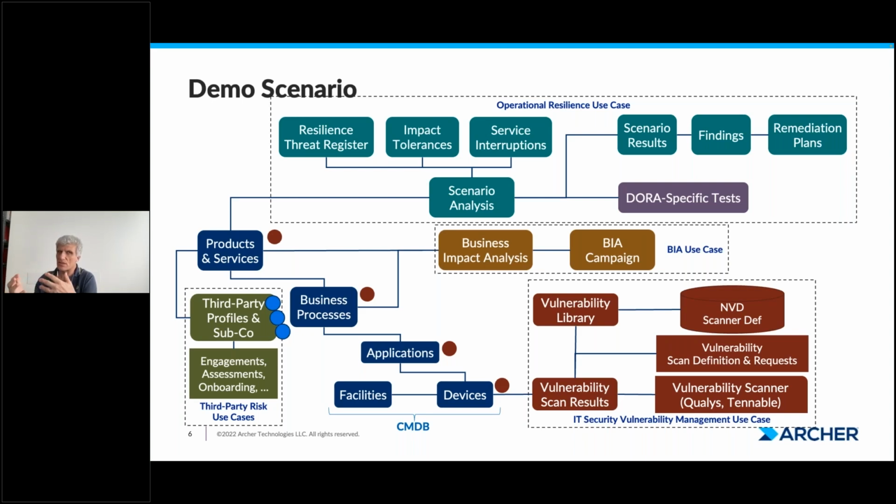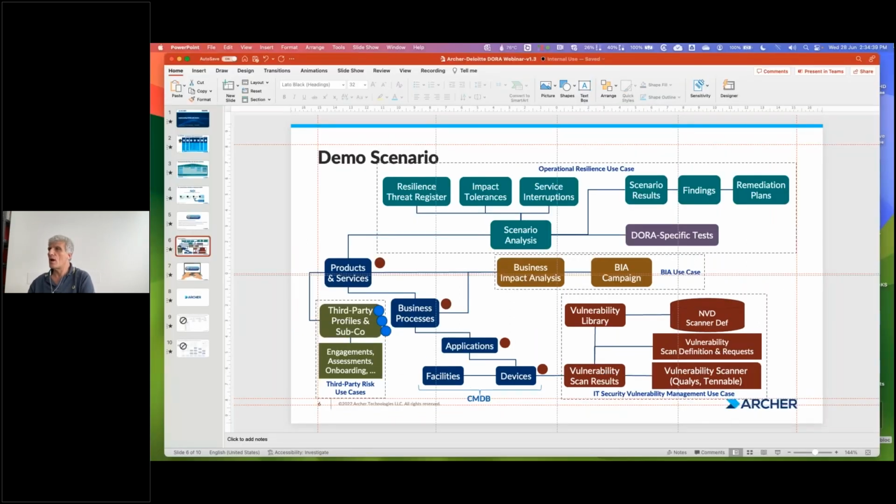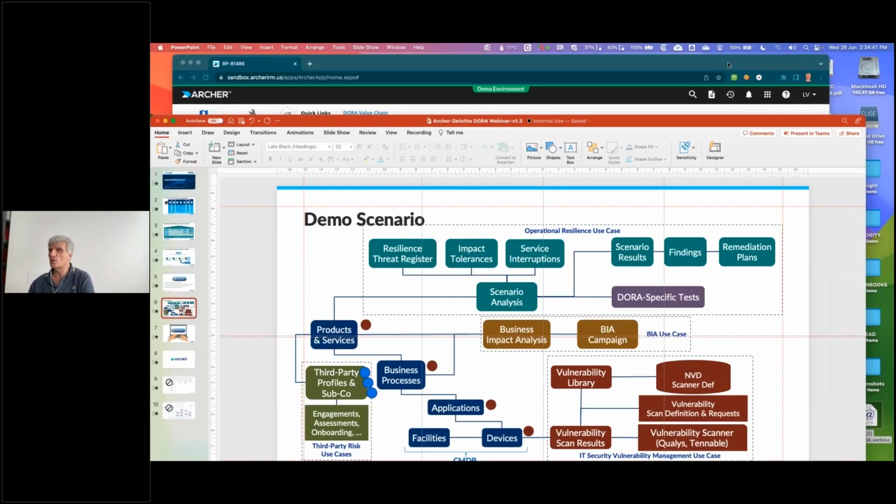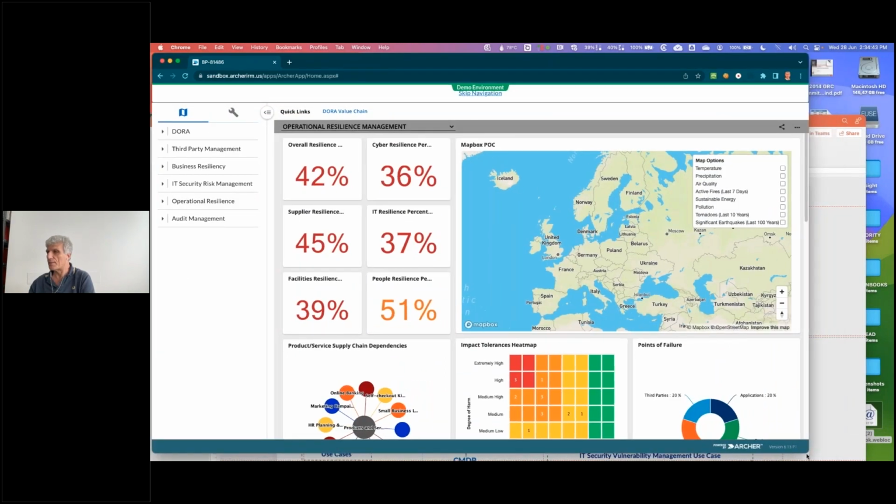This is not explicitly stated in the regulation, but of course, if I am testing resilience, I want to measure the progress over time and understand whether or not the resilience of my organization is improving. Okay, so now let's jump into the demo environment.